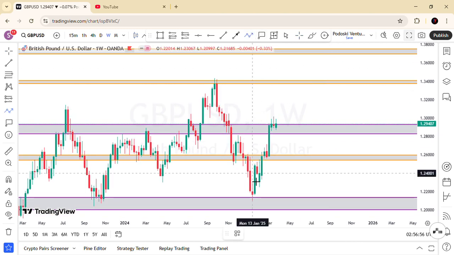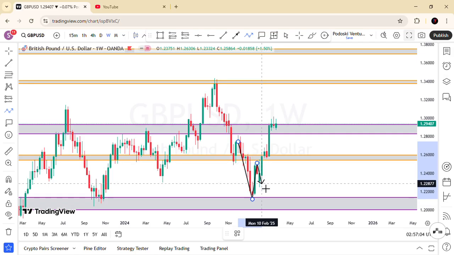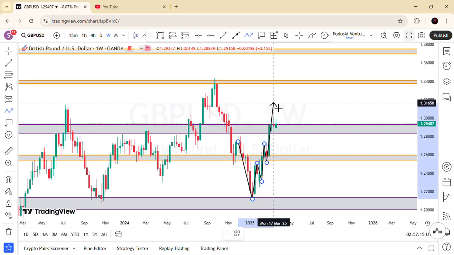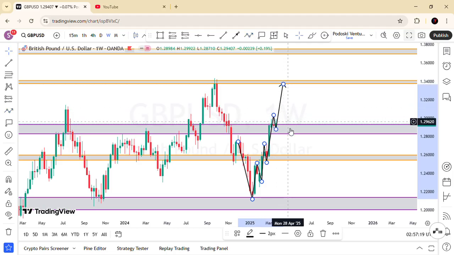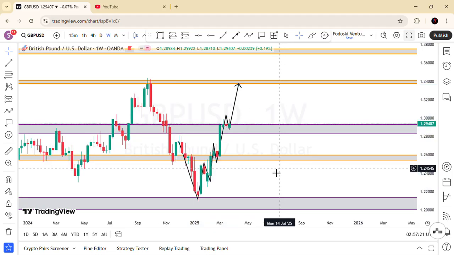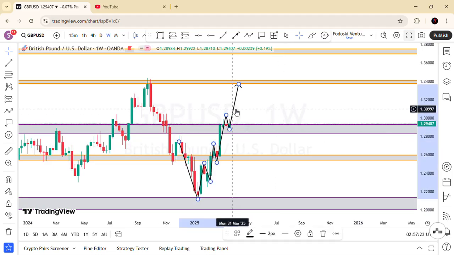Because price was in a downtrend, then got to this demand, went out for a high, dropped, couldn't break the previous low, so created a lower high here. Then wait for a new higher high, drop to a lower low, then we are expecting a new higher low, something like that. This is what you are expecting, but is it possible? Let's go to the lower time frames and find out.